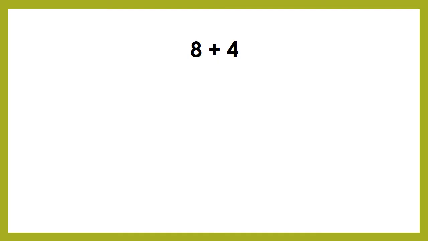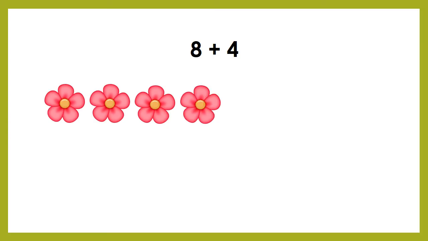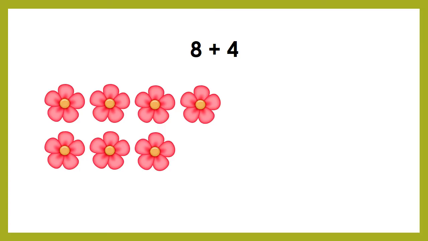Before we solve a word problem, let's try this question first. What is 8 plus 4? Let's add the numbers using pictures. Let's say we've got 8 flowers. Let's count 1, 2, 3, 4, 5, 6, 7, 8. 8 flowers.